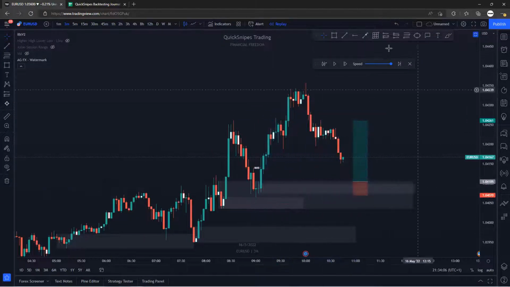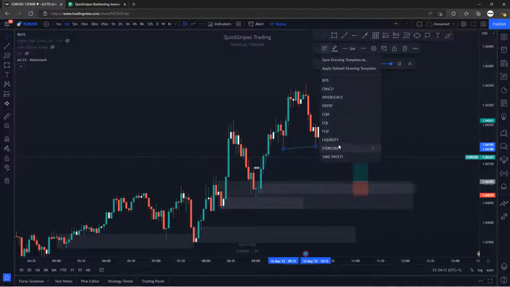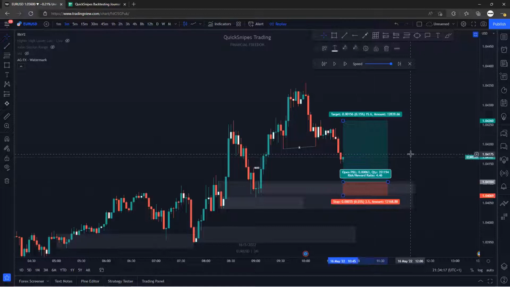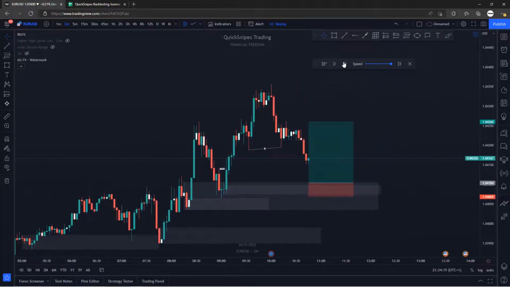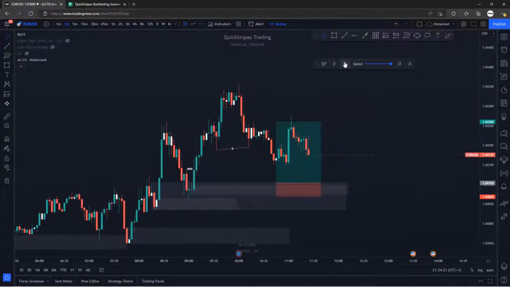But again, this trade is still valid. That could have just been an inducement. This could be liquidity. Liquidity over here. So this trade is still completely valid. No reason why we can't enter that.